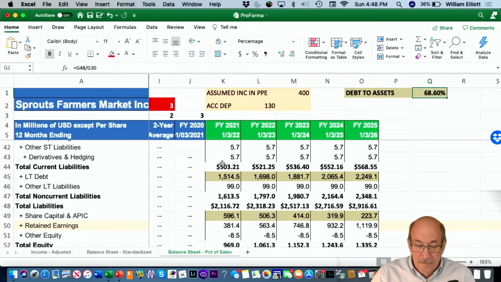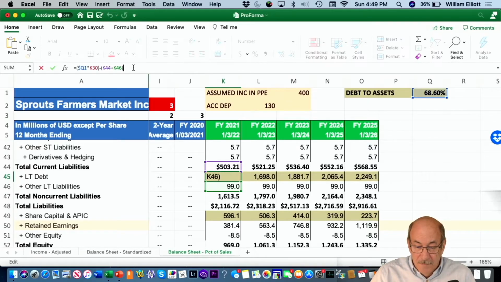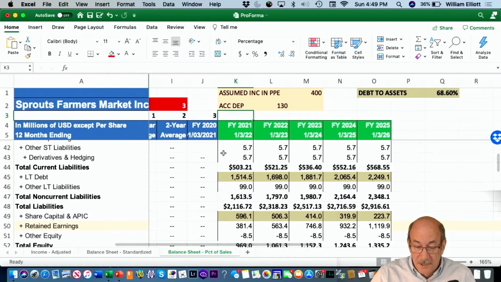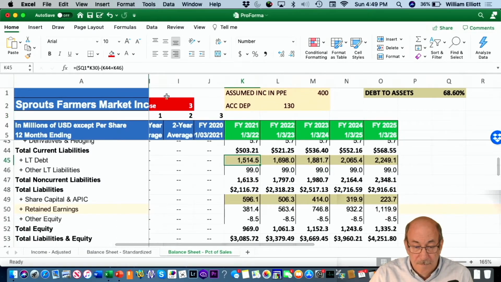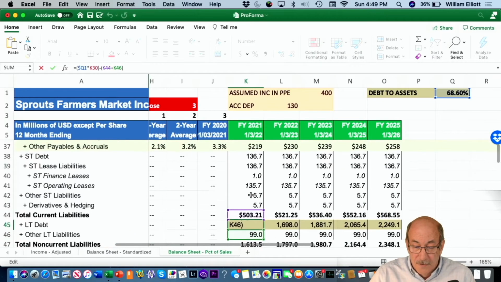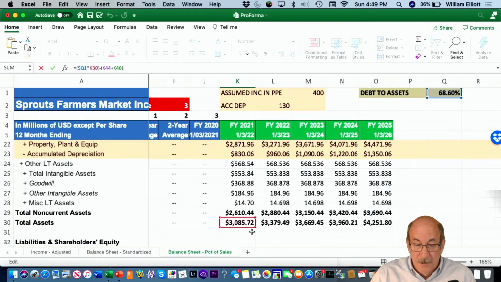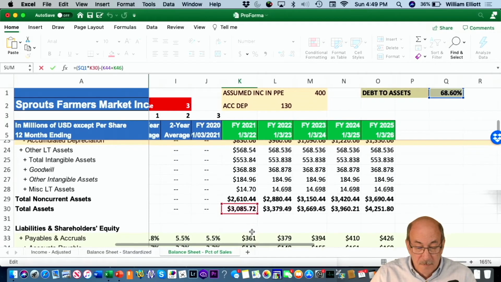Now, I want to use my long-term debt to help the liabilities side balance. That formula is saying, let me take my leverage ratio times the assets, that's K30. If I scroll up here, there's K30: $3,085,000,000 is my total assets.